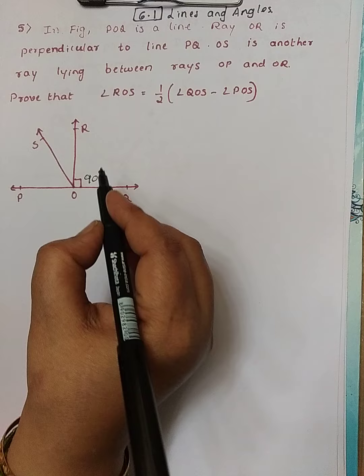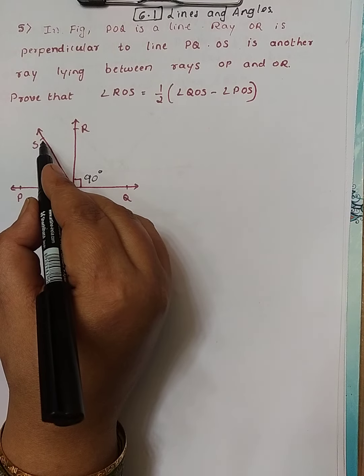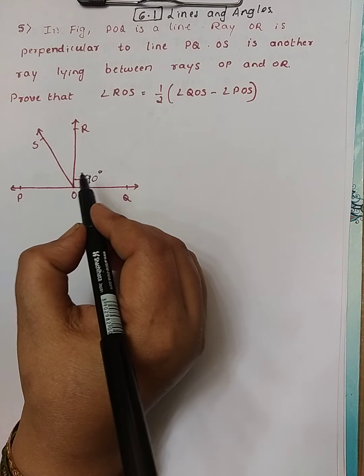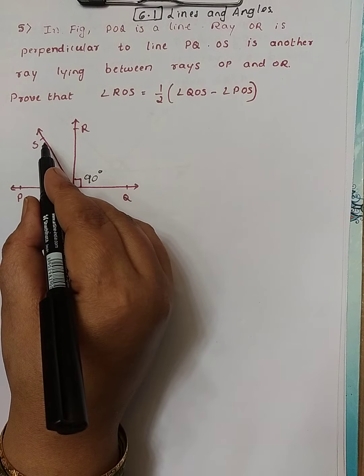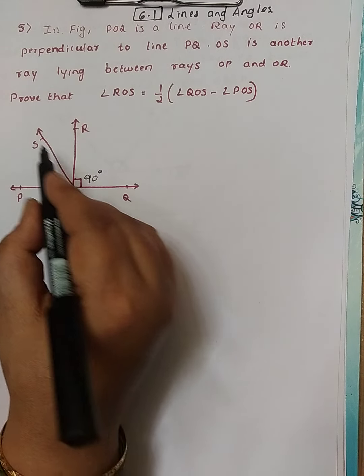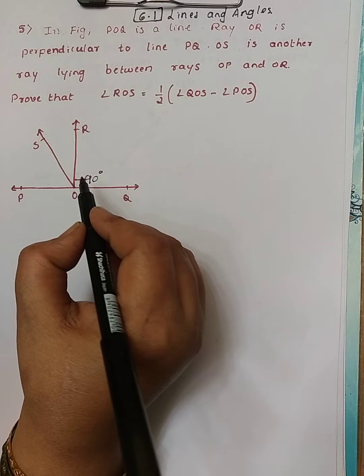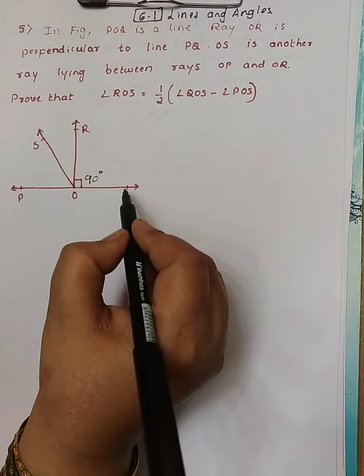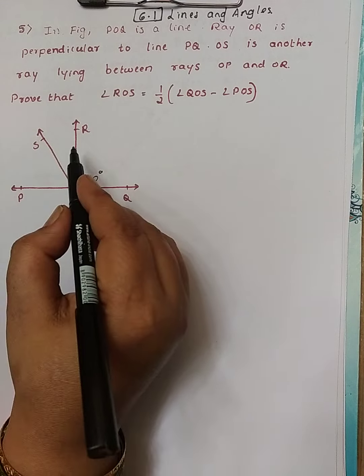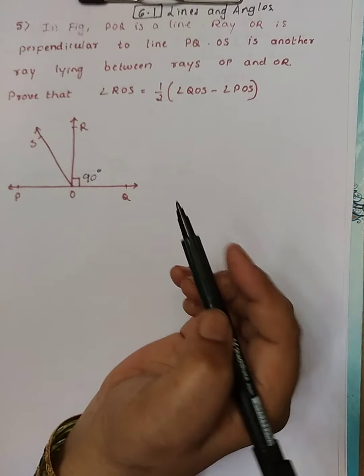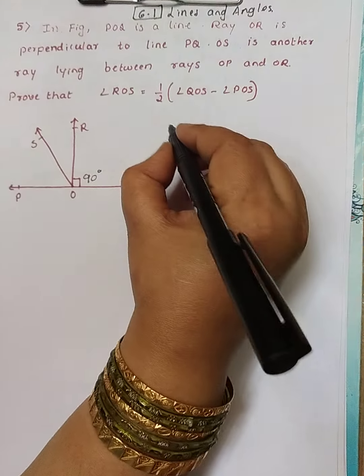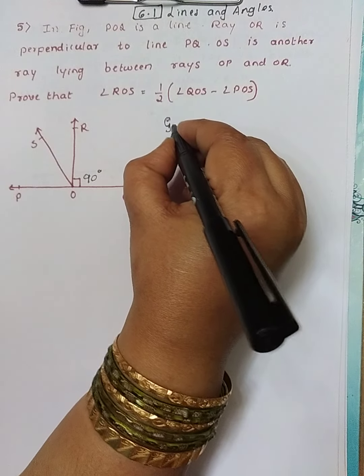We have to prove that angle ROS equals half of QOS minus POS. So first of all we have to write down what is given in the problem.